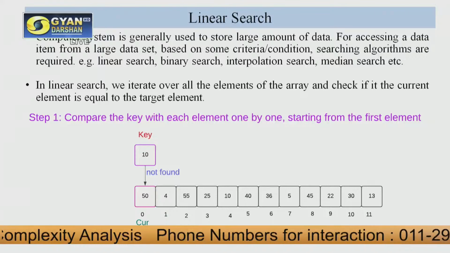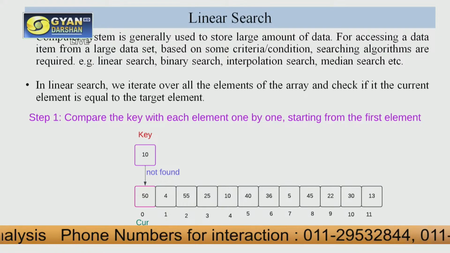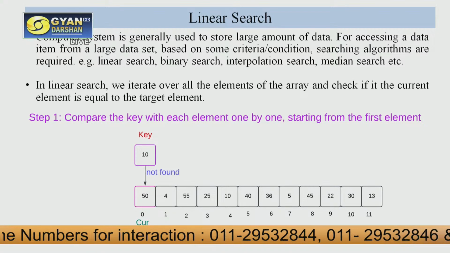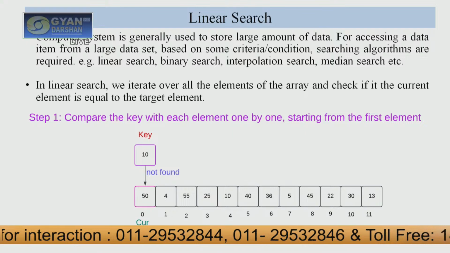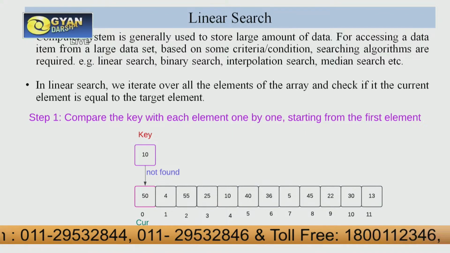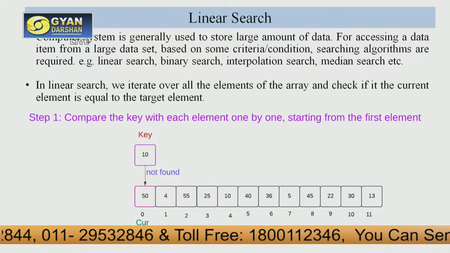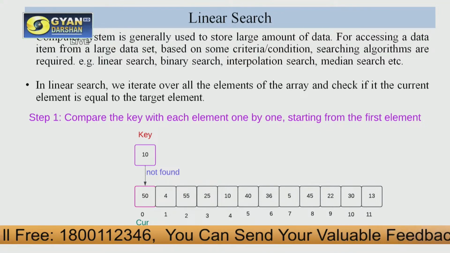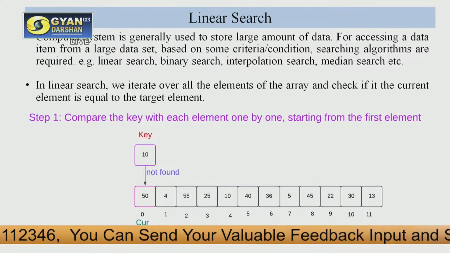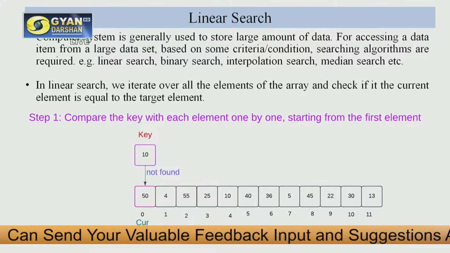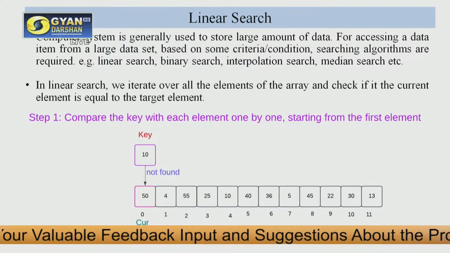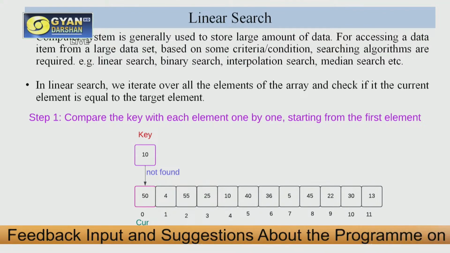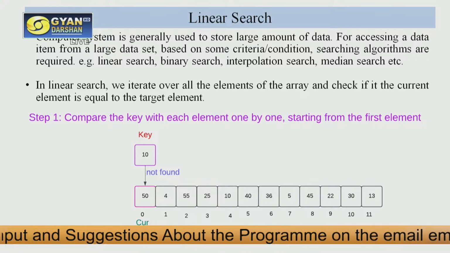Here in this slide you can see we have been given a list of elements which is stored in the form of an array, and the indexing of the array is from 0 to n minus 1. There are 12 elements, so 0 to 11 is the indexing, and at the respective index the elements or keys are stored in random order.